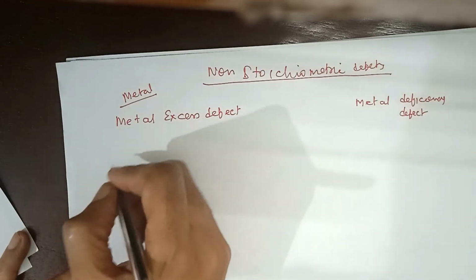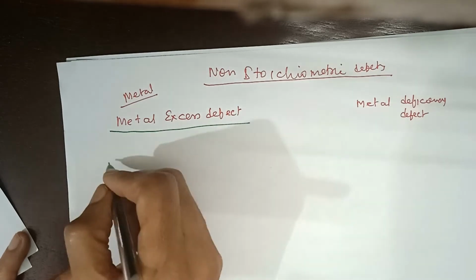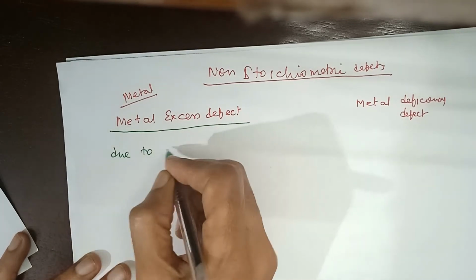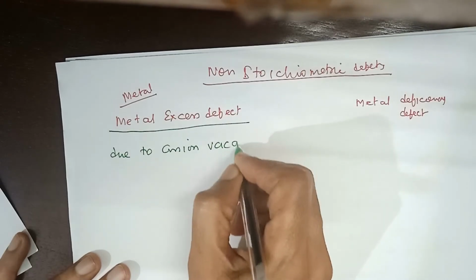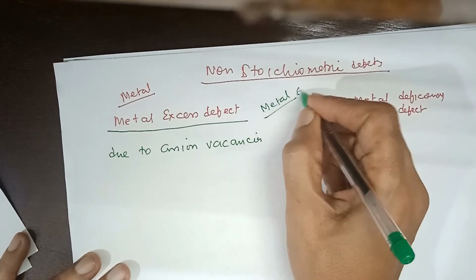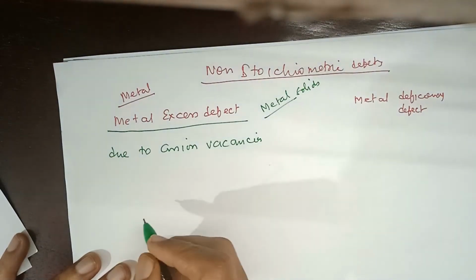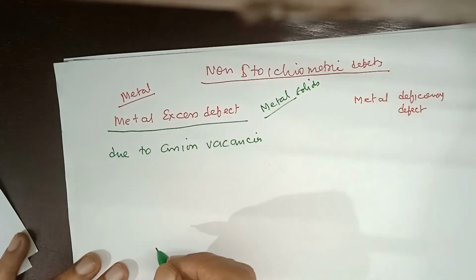Now this is metal excess defect. What is this? Due to anion vacancies in metal solids, what happens?